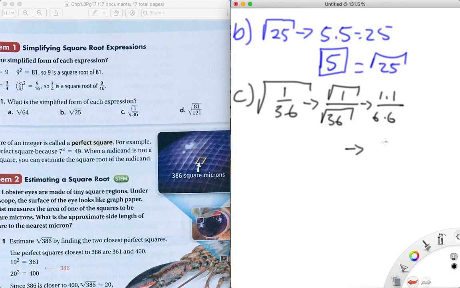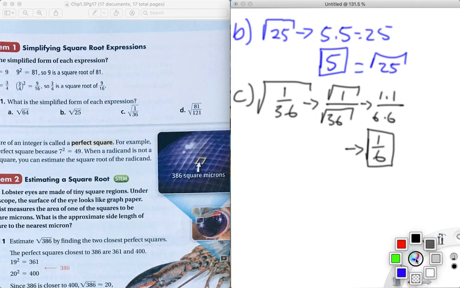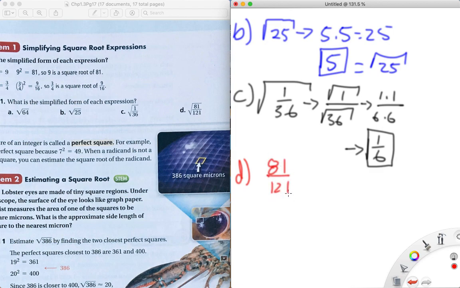So I know that the square root of 1 over 36 is 1/6. 1/6 times 1/6 gives me 1/36. So that is C.